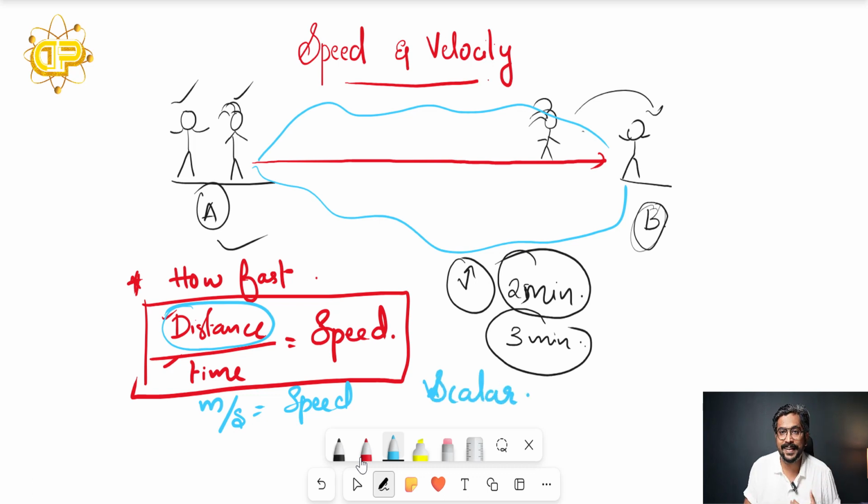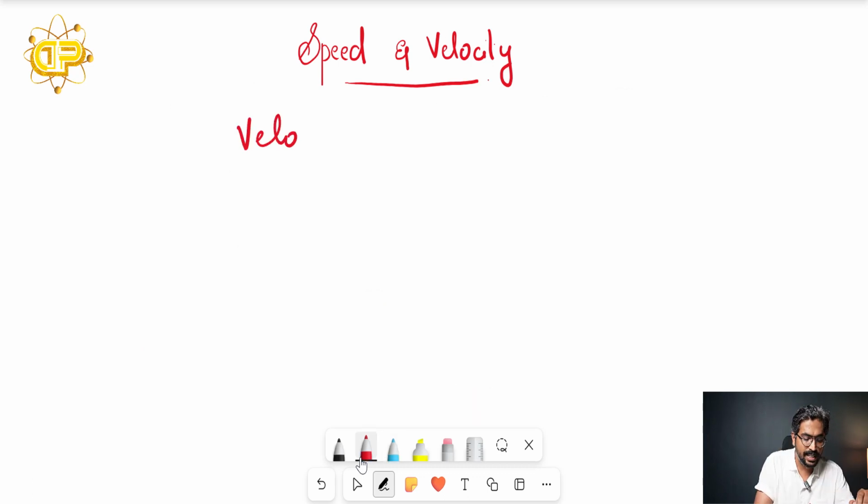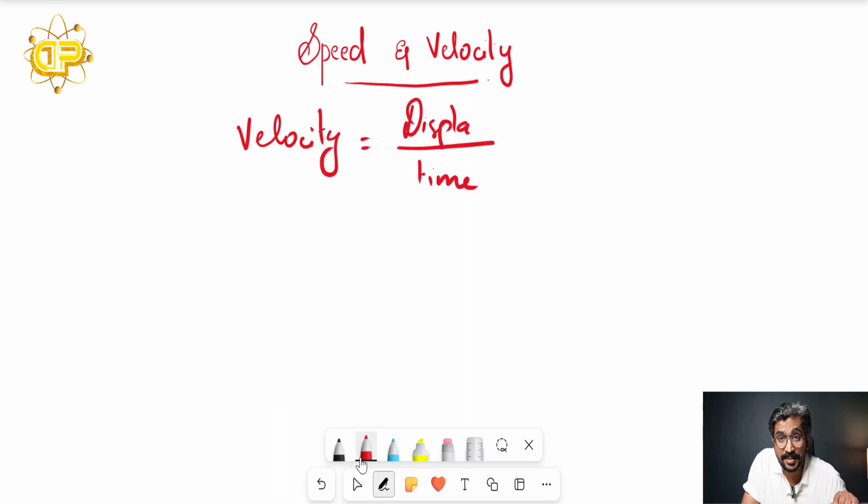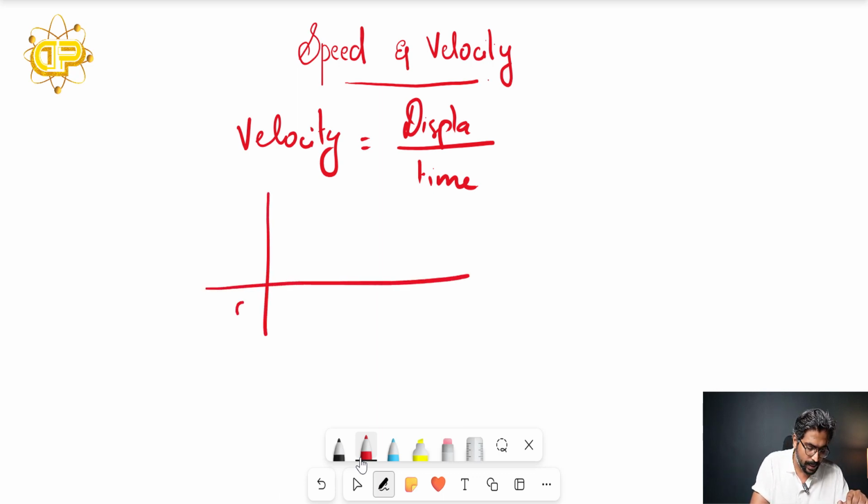Now, what do you mean by velocity? Velocity is nothing but displacement by time. So what is displacement? Change in position. If there's a coordinate system, there's the origin, and imagine that a person is standing at the origin at time t0.